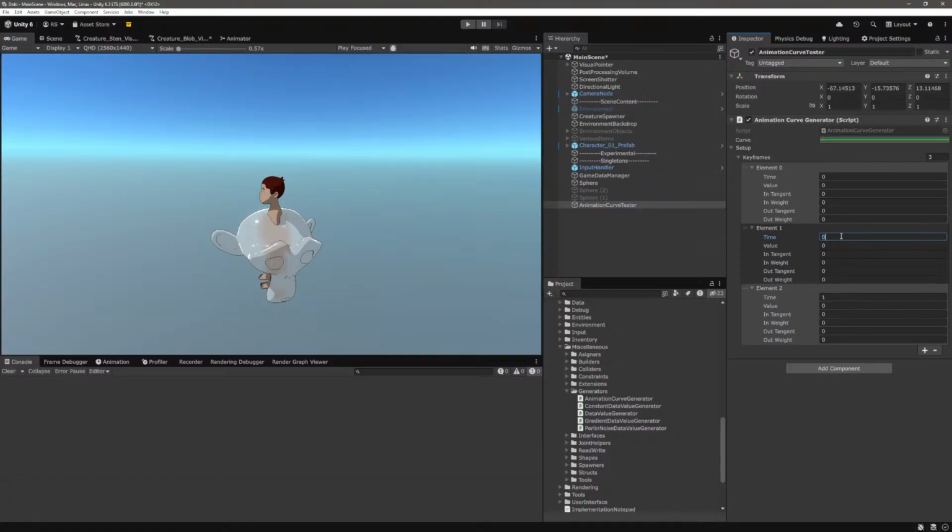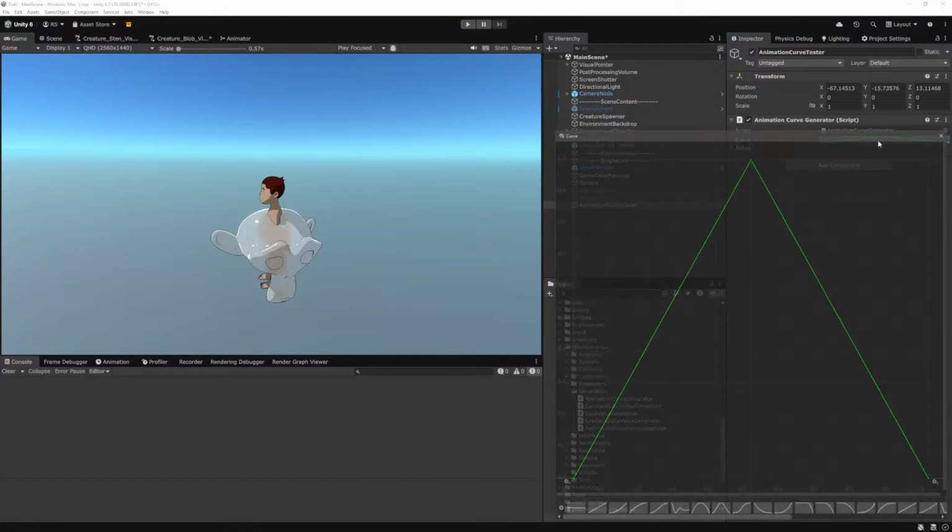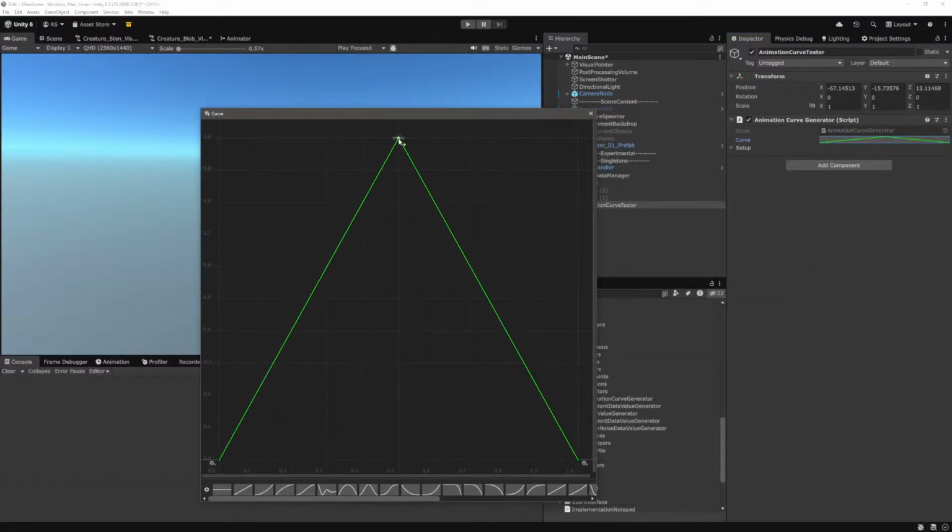Value 0, 0.5, 1. Yeah, okay, this works. It's beautiful. Okay, so when it comes to these tangents, in tangents and out tangents and weights, do I want to redefine it for our purpose?